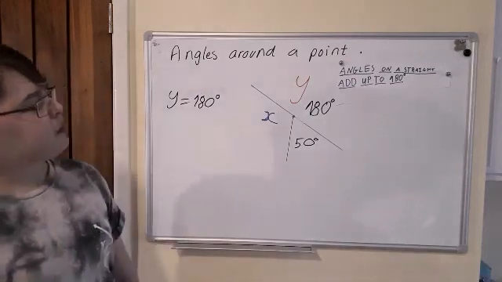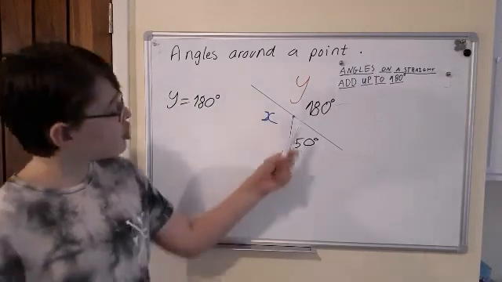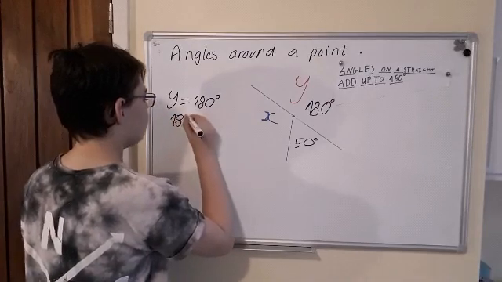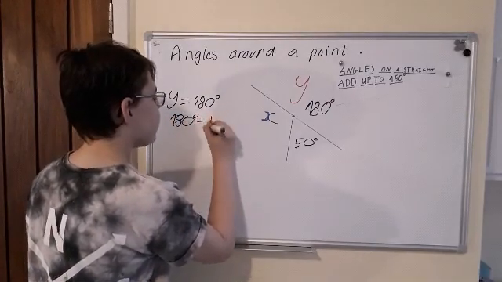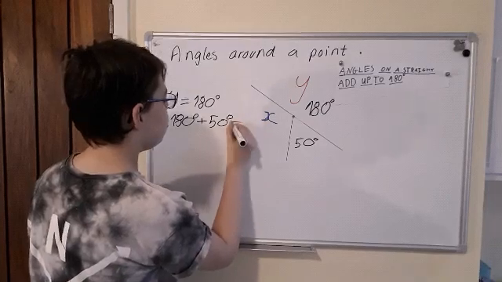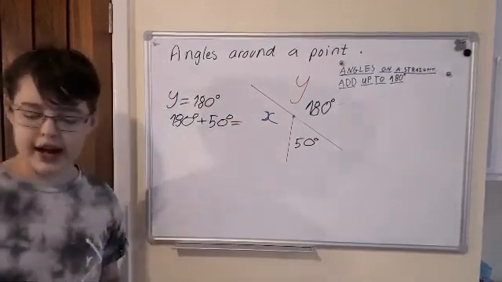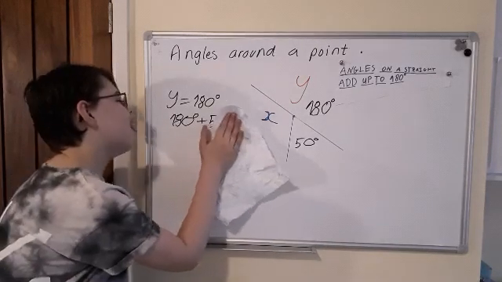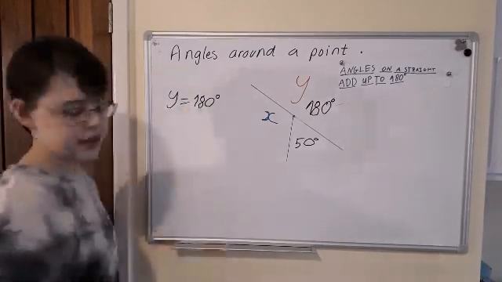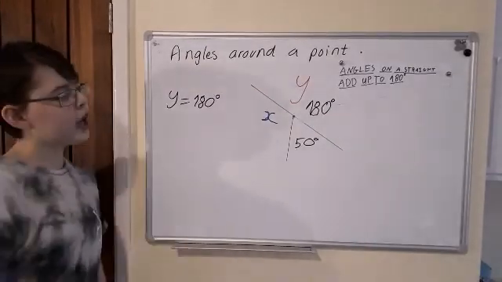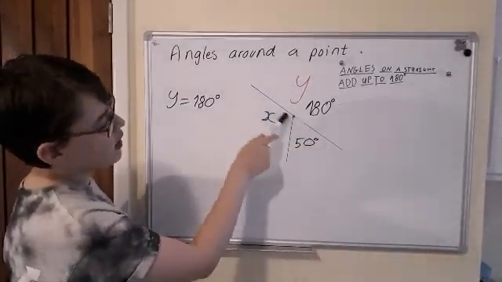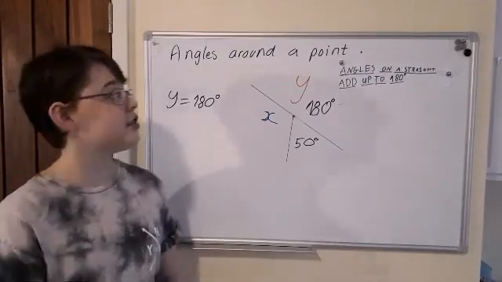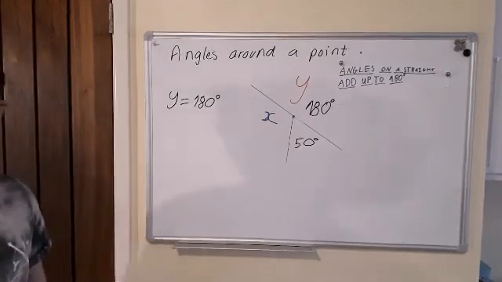So got a couple of things we could do. We could do 180, add 50, and then do 360 minus whatever the answer is, or we could do, if that's 180, let's use our knowledge from the last video. Last video was angles on a straight line, this is angles around a point. Let's use some of our knowledge from that.